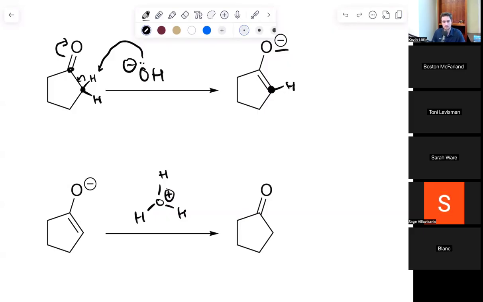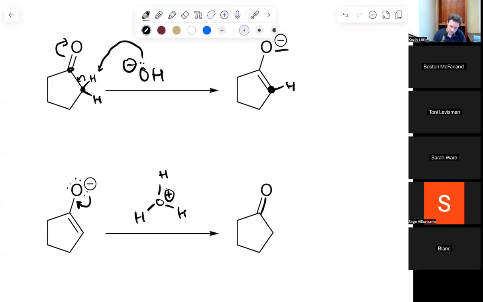That seems unlikely. More likely is that the negatively charged oxygen is going to want to give electrons, and there's a newly formed bond here that it could give those electrons to. That would explain the double bond there.